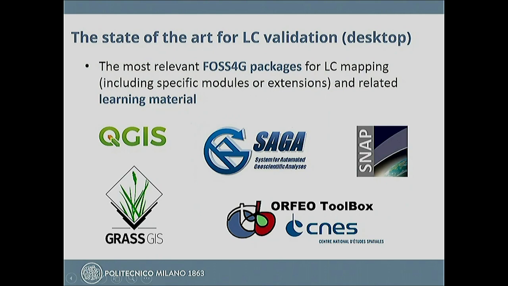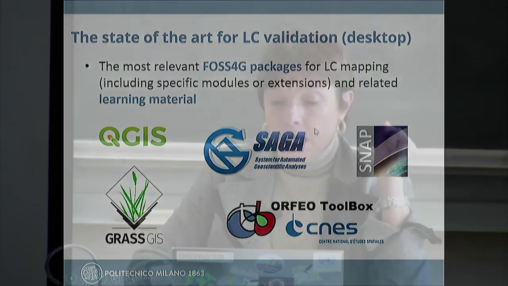Specifically, we can mention QGIS, that is a software that you know. We can speak about GRASS, which is another GIS that you have not used, but you know that is also a GIS in the back of QGIS.